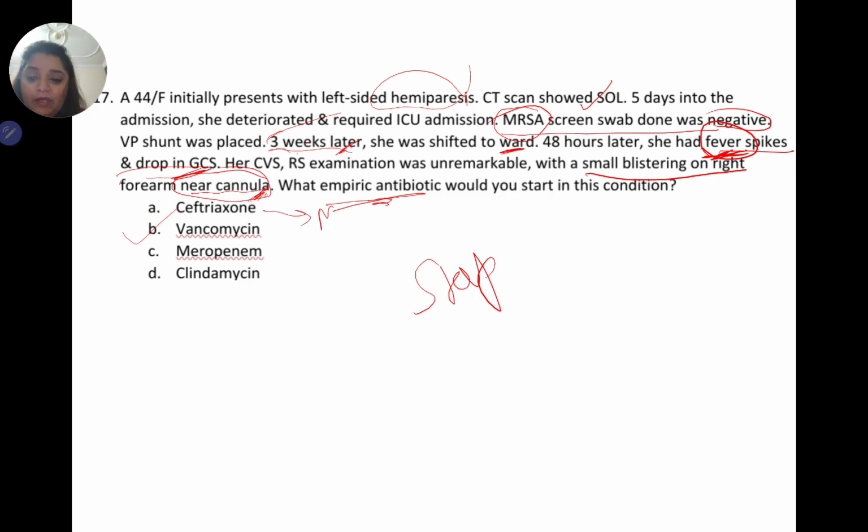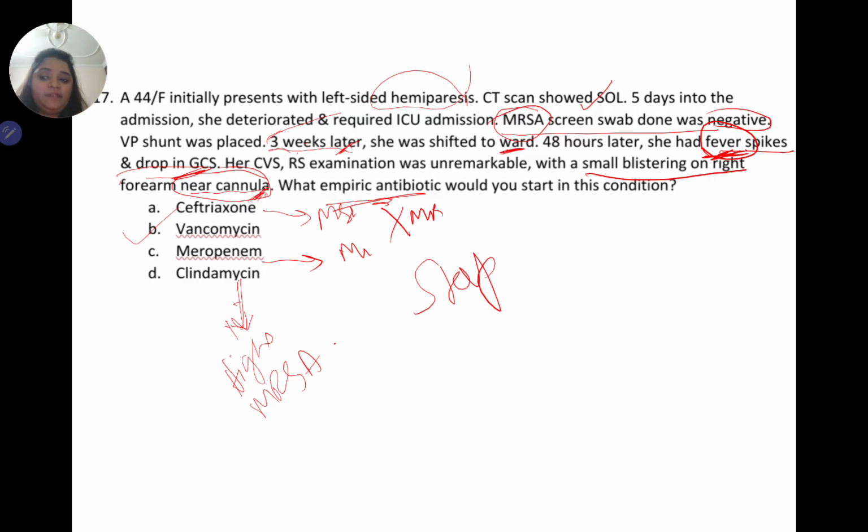Ceftriaxone can have some cover against MSSA but not against MRSA. Meropenem, as we all know, the carbapenems have minimal coverage of MSSA. Clindamycin is a good drug, but in this patient, when we are suspecting sepsis as well, ideally not, and also there is higher resistance reported as well as no action against MRSA.